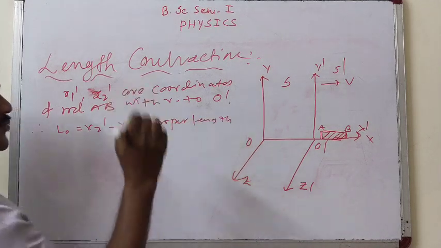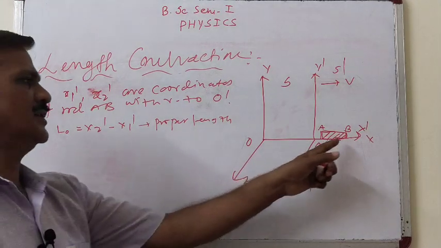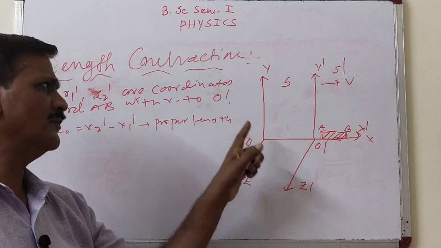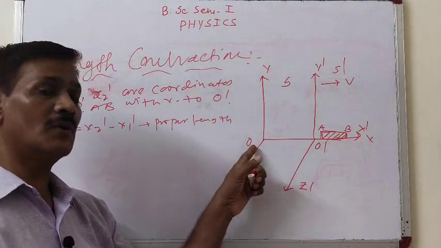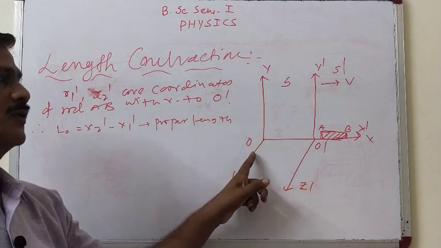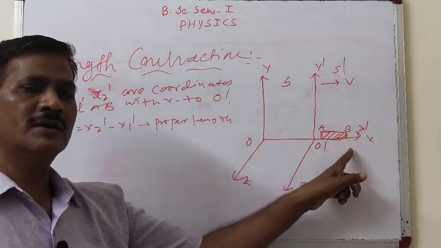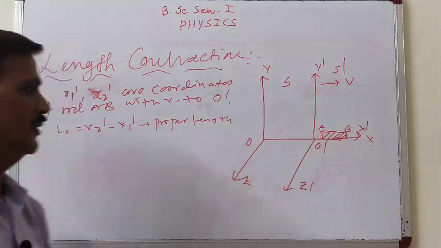Many times in exams they ask the question: what is the proper length? The proper length is the length of the object when it is in rest condition. Keep in mind. Then the same object is observed from frame S, that means by observer O. When observer O observes rod AB, then rod AB is in moving condition.